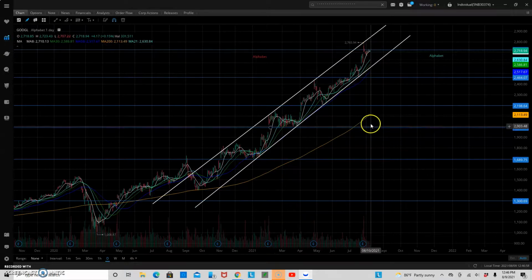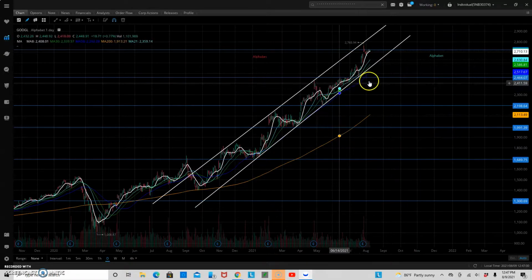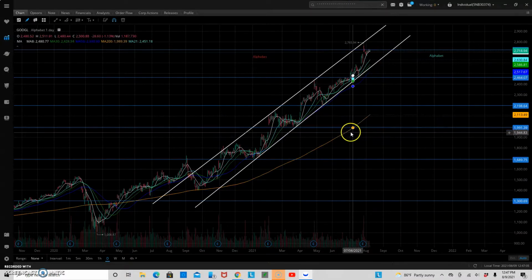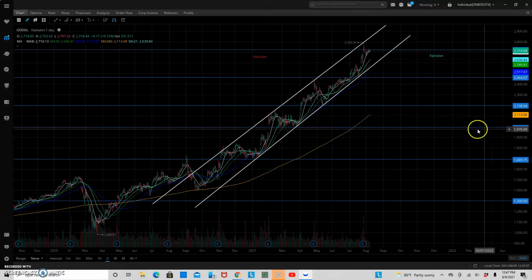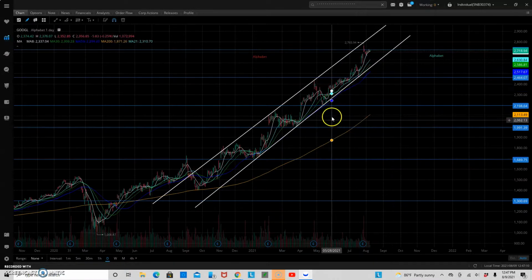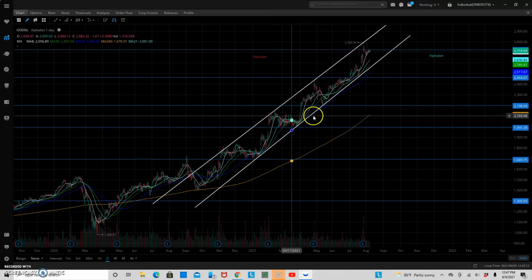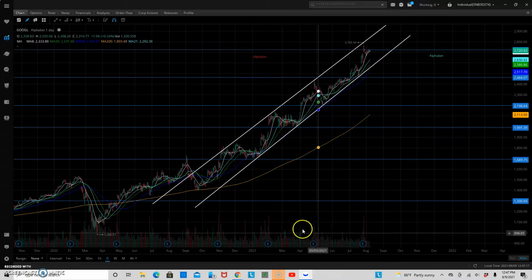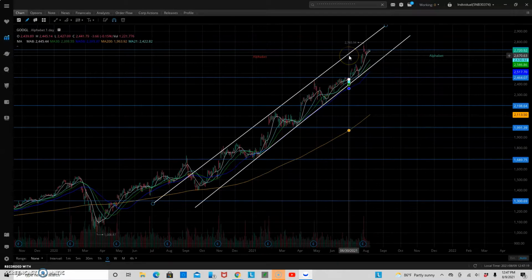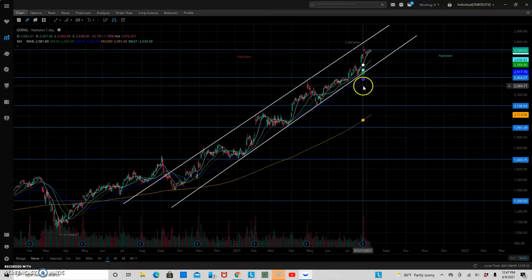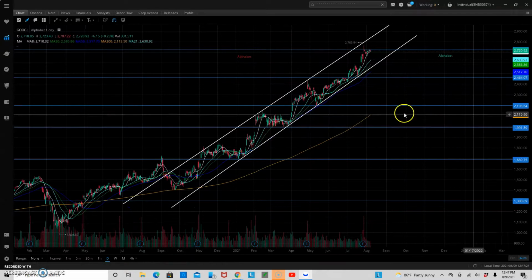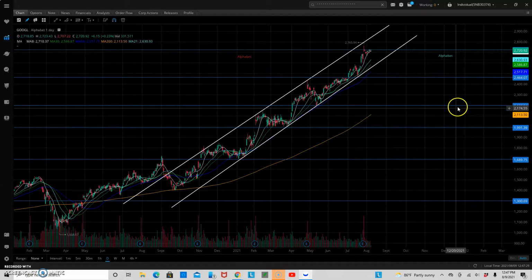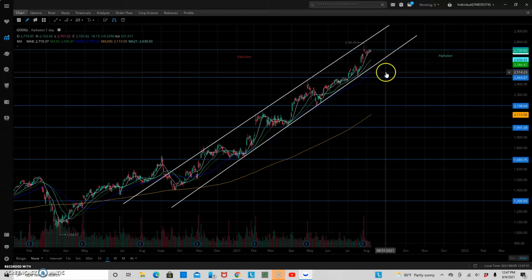So if we do drop down for some reason, if there is another correction, say in the S&P and the FANG stocks get hit, it looks like we'll have very strong support around that $2,000 mark. So just keep an eye on that if we ever do get back down to those levels. And I do have some other support areas down here. These were past supports. I don't think we need to really go over those because I don't see it falling below that $2,000 support. So just remember that at 2,000 and 2,200 you have support, and 2,465 is where I have my support drawn.